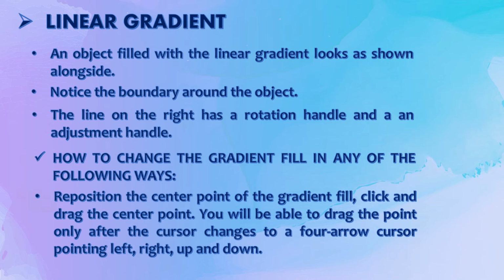You can change the gradient fill in the following ways. To reposition the center point of the gradient fill, click and drag the center point. You will be able to drag the point only after the cursor changes to a four-arrow cursor pointing left and right, up and down. Bring the cursor to the circular handle at the central point.